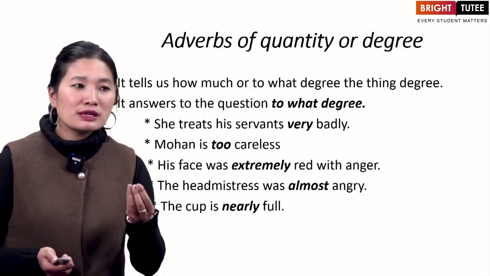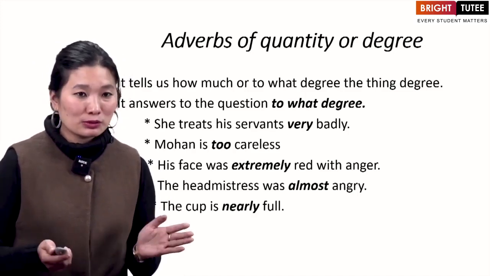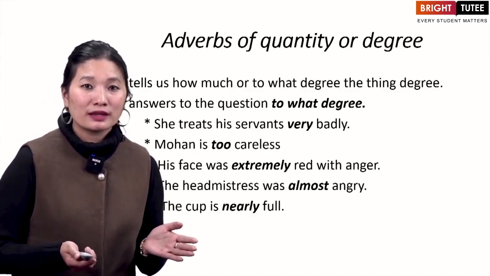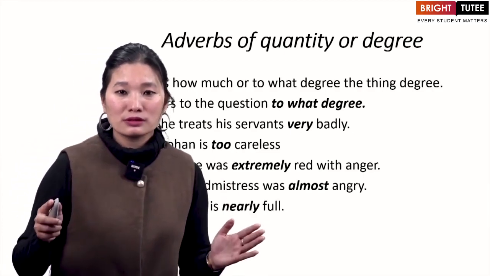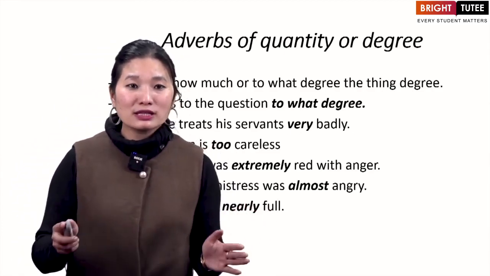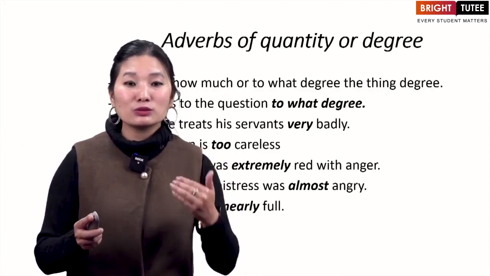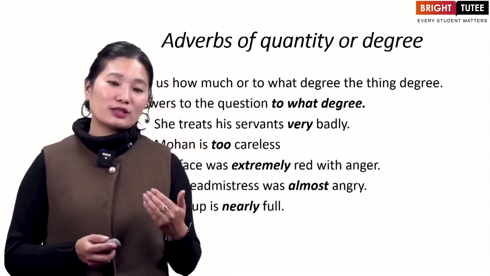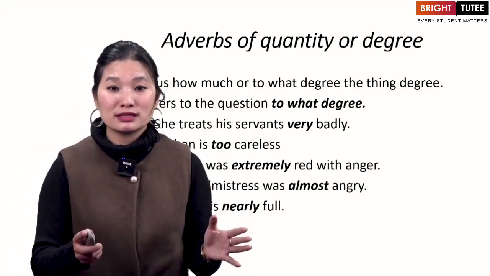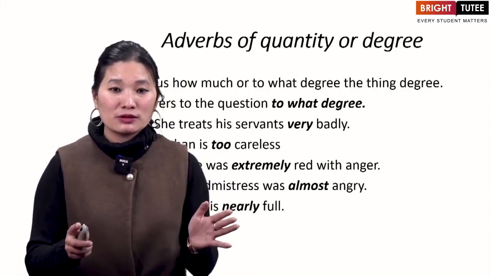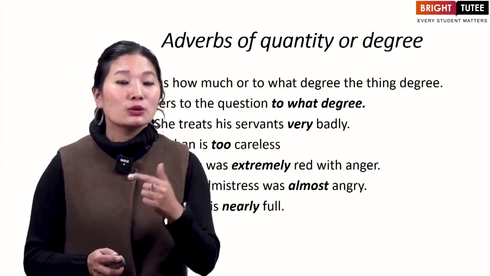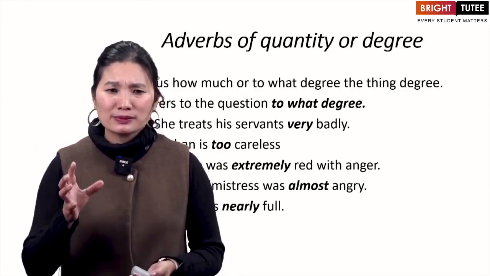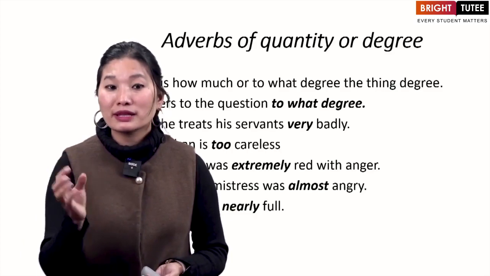Some products, you may have bought some sweets, some chocolates. It may be very big, or there may be so many packets in a box, but it might not be very tasty, or it might not be good for health. That is, the quantity is so much, right? But there may be just a small packet of chocolate which is very expensive, very small, but it tastes good.